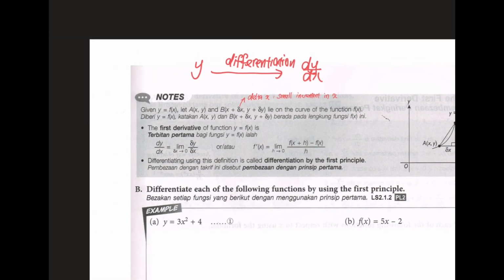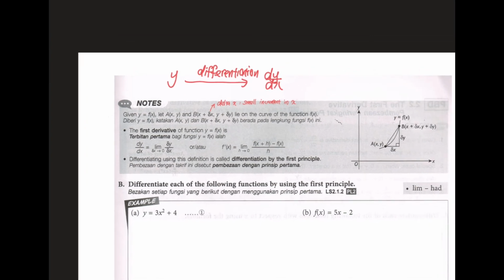Let's see the information here. The curve is y equal to f(x), and you have point A and point B, both lying on the curve with the function f(x). Now you want to find the first derivative. The first derivative is dy dx.